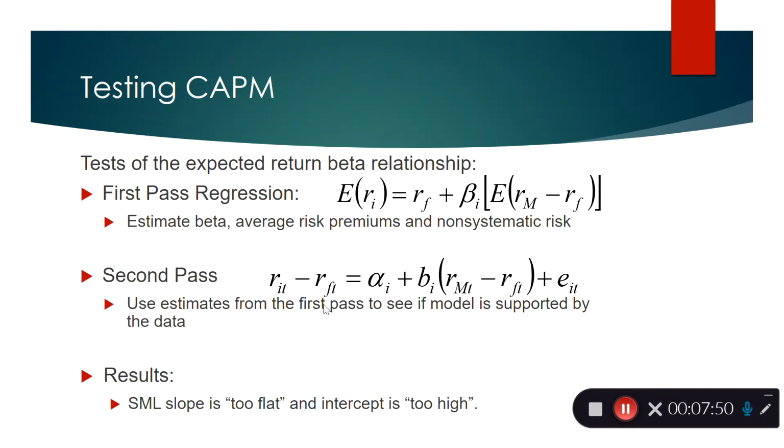So there's a series of different tests on this. I think some of you are presenting them. Your textbook has a list of all of the different authors that have gone through and published papers on this. But in general, the results are that the security market line, remember that's what our CAPM equation, that's the graph that it gives us, that gives you return relative to beta. The slope is too flat, meaning that the beta doesn't fully encapsulate how your stock reacts to changes in the market, and the intercept is too high, meaning that the intercept isn't really the risk-free rate of return.